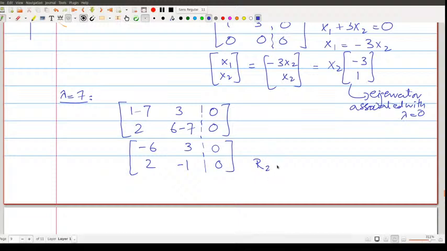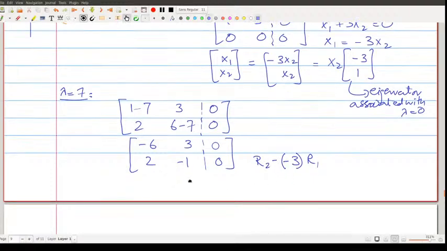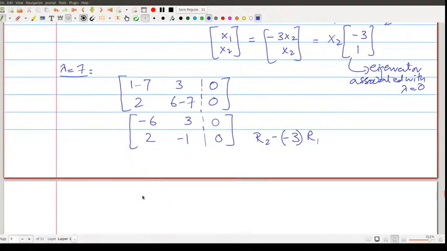So I can do R2 plus 3 times R1, or minus 3 times R1. And that will give me the first row as it is, minus 3, 3, minus 6, 3, 0, and this is going to be 0, but over here I have 2 plus 3 times, actually I should really be doing R2 plus 1 upon 3 times R1, right?